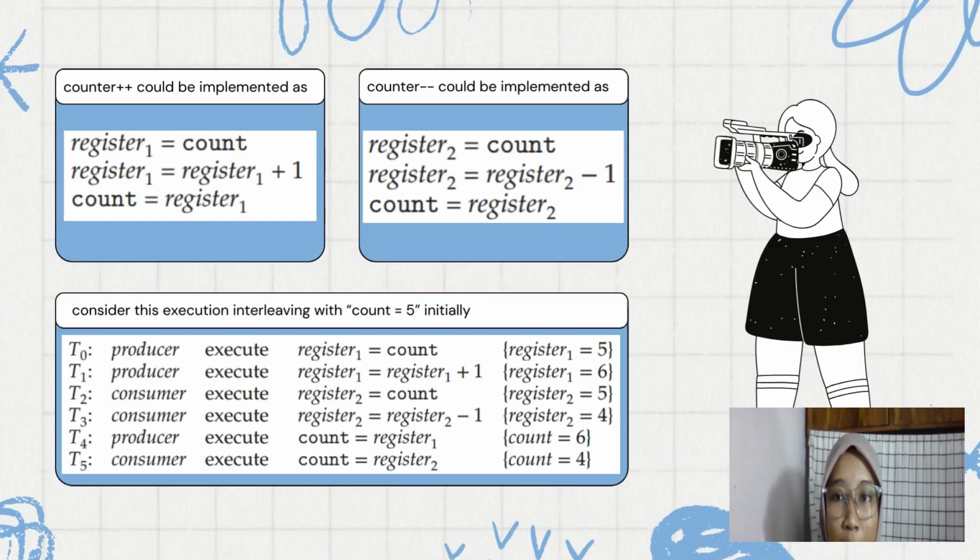So this is an illustration of the race condition in the consumer-producer problem. Counter plus plus, where we increment the counter, is used by the producer, and counter minus minus is used by the consumer.